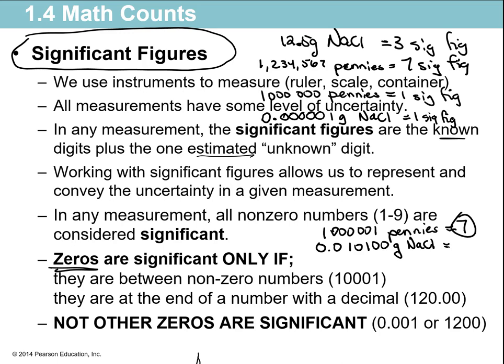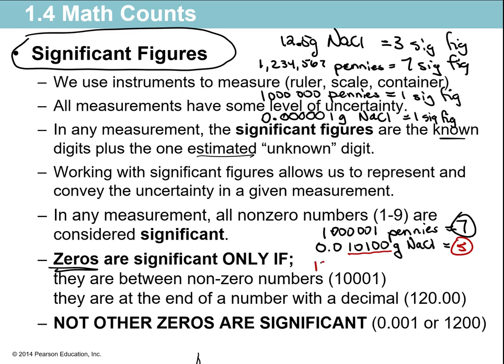Okay, so the 5 significant figures in that number would be these. There's a decimal, so every 0 at the end and that one in between, those would be considered measured values. That would give you 5. Those are the only times zeros are significant. That decimal place could be anywhere.